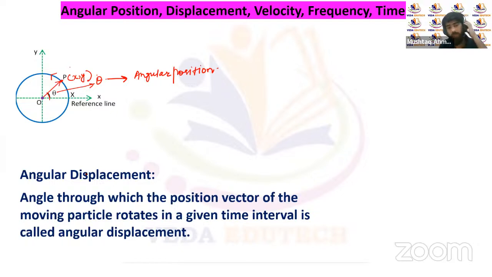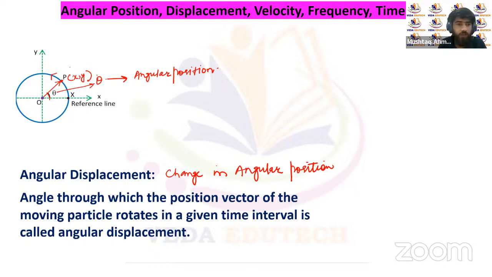Now the angular displacement is nothing, it's the change in the angular position, right? So angular displacement we call it as change in angular position. Or we can say that angle through which the position vector of the moving particle rotates in a given time interval, right?